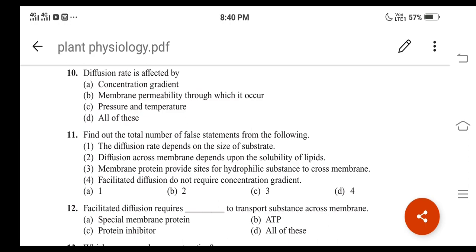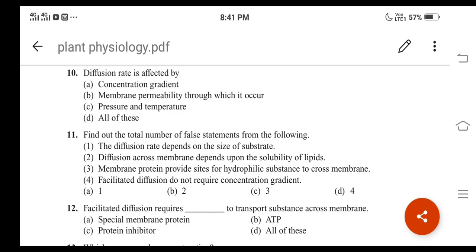Find out the total number of false statements from the following. Here 4 statements are given, and among these 4 statements we have to identify the total number of false statements, right? What is the first statement here? The diffusion rate depends on size of the substrate.